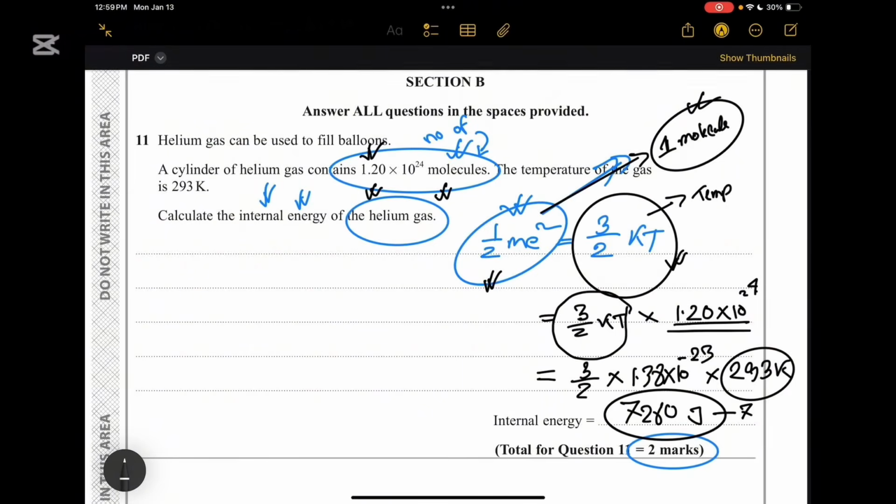You can also write it as 7300 joule. So basically this is our correct answer. So we are done with it.